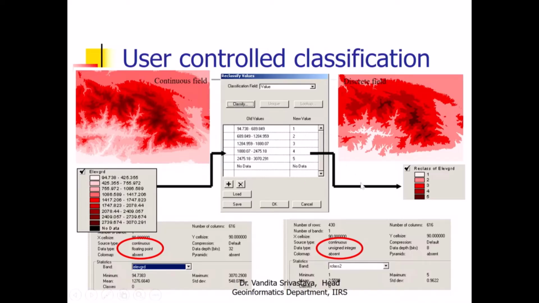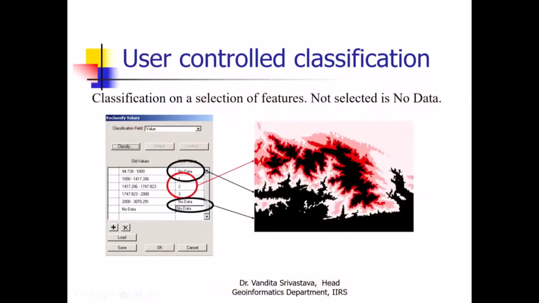only 5 classes. You could also put a lesser number of classes, and the top and the bottom values you could put as no data. So when you do this, you see the highest and the lowest elevations as black, as no data, but only the in-between classes as class number 1, 2 and 3.